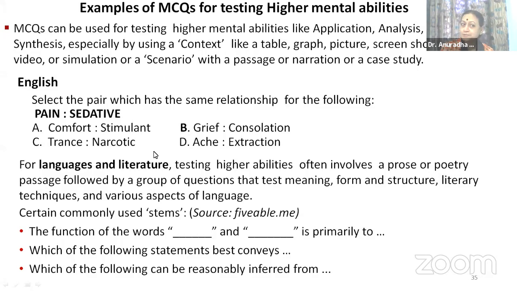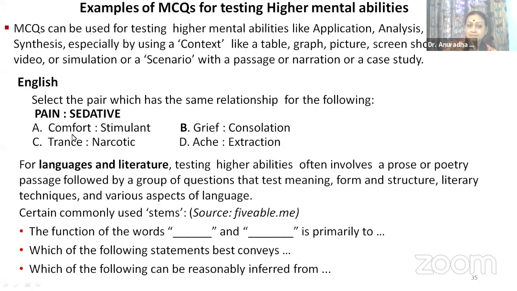What is it the student is required to do? He's supposed to try and understand what is the relationship indicated in this combination of pain and sedative. Probably he will come to the answer that yes, a sedative helps to alleviate, to remove pain. If that is the function of a sedative, then which fits in here?